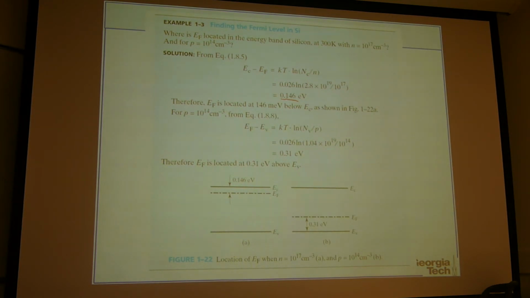It's natural log e. So if you draw the band diagram, it will be something like this. And for the second question, P equals 10^14, then you will get this is 0.31 eV above the EV.